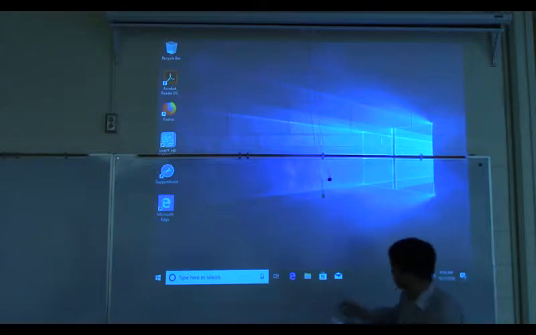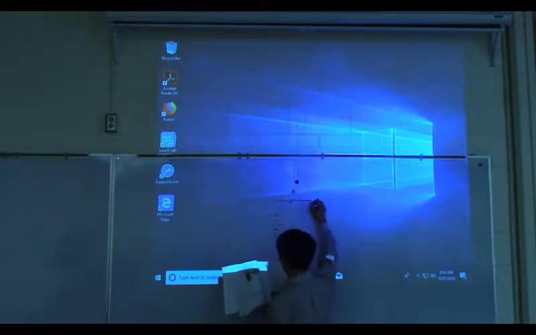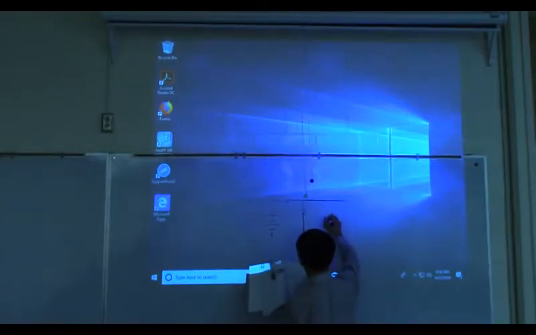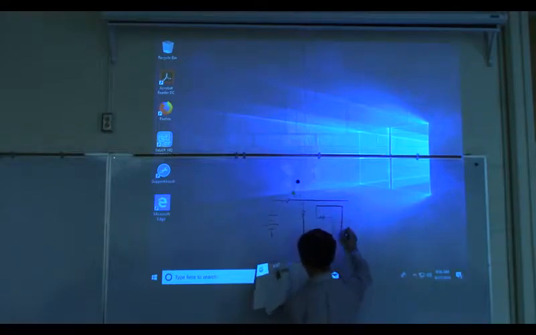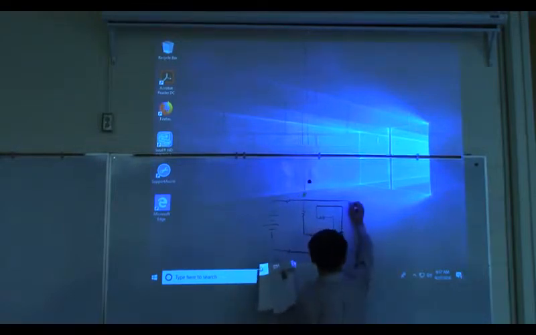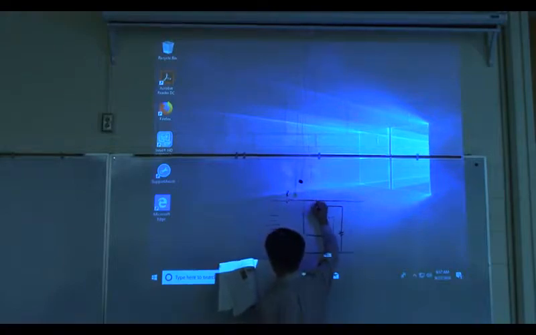Circuit is... this is R1. This looks like R2.